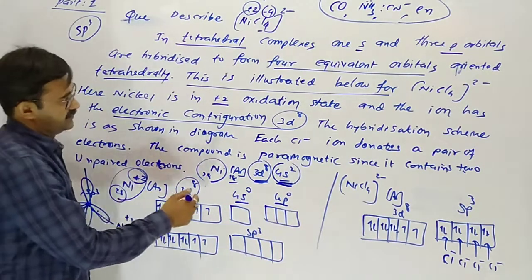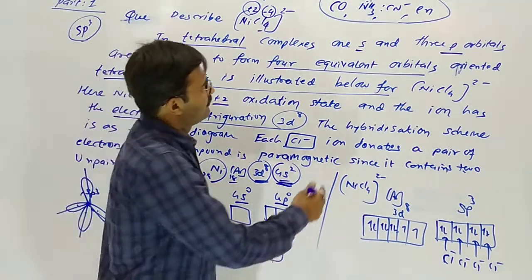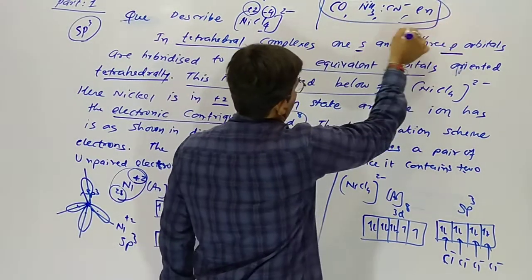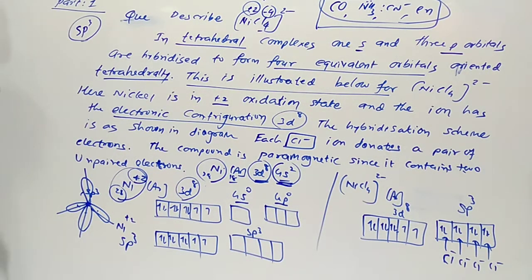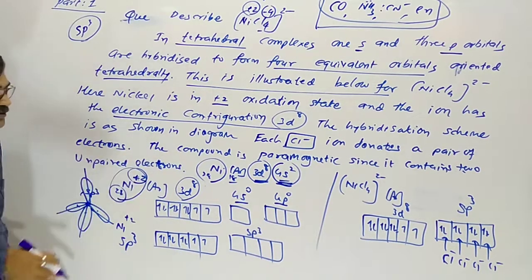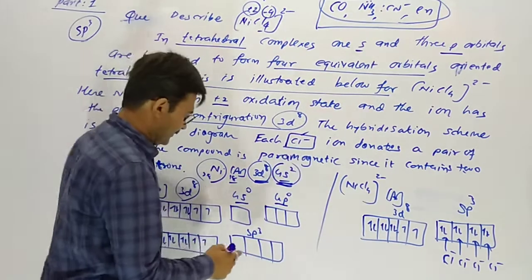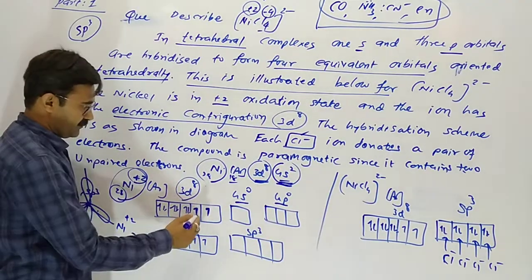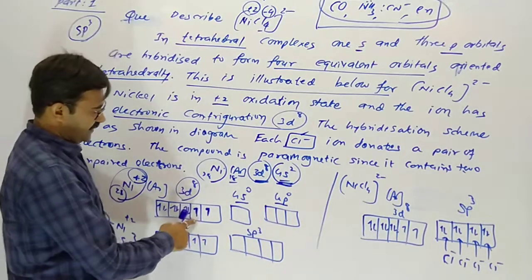Here nickel is combined with chloride, but chloride is not in the list of strong ligands, which are capable of rearranging electrons. Chloride is one of the weak ligands, so it cannot push up the unpaired electrons.